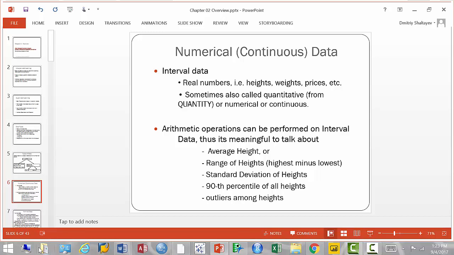So something that doesn't look like the typical representative of a human community, right? Or a person who makes enormous amounts of money, or a person who makes suspiciously low salary, right? So some observations that are very far away from a typical or average or median, right? Okay, so that's numerical data. Highly privileged, as you can see, right? I can do a lot of computations on the numerical data.